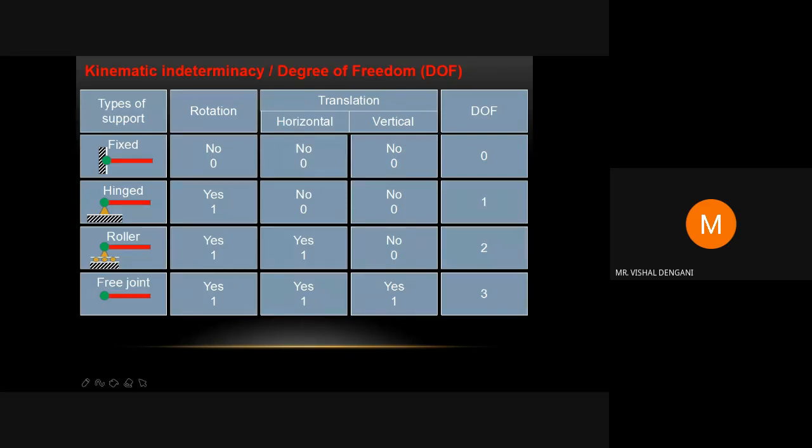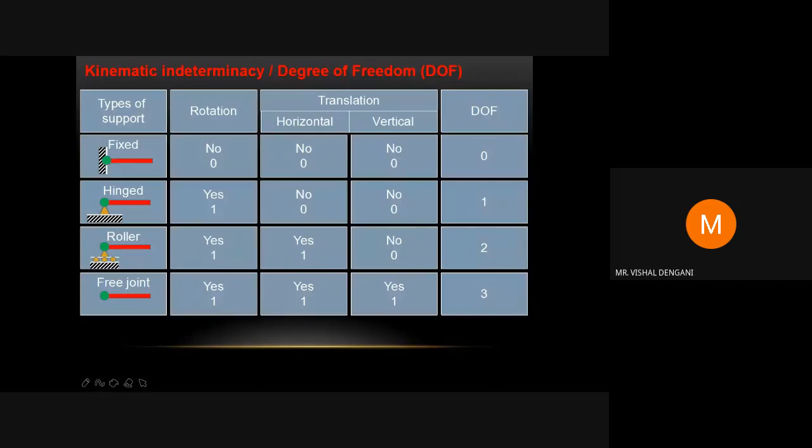But it will allow the structure to displace along x and to rotate about the z direction. So the degree of freedom in the case of the roller support is 2: displacement along x and rotation along z.